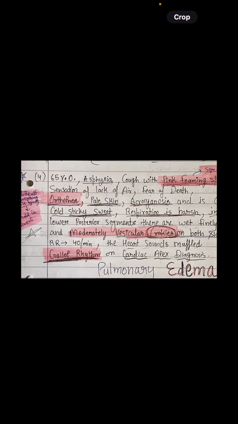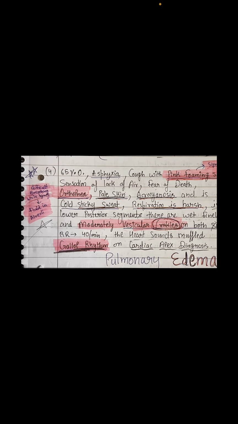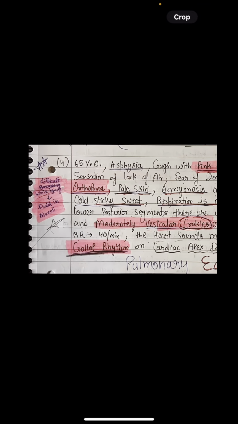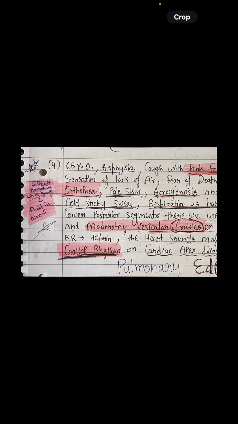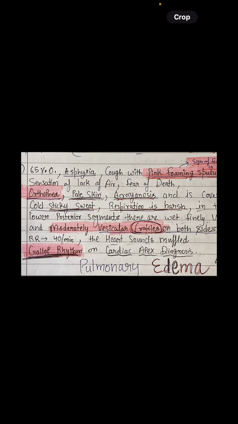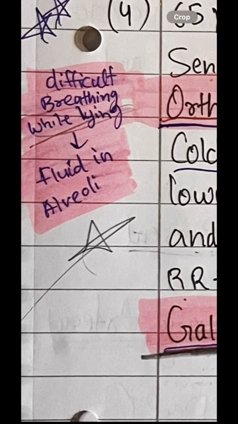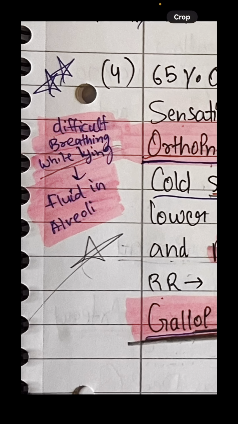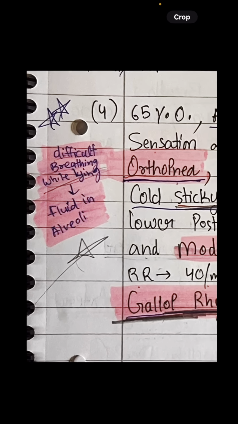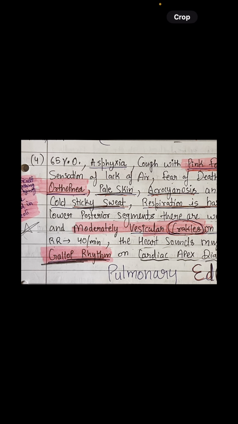Sensation of lack of air, fear of death, because the distress is real. Orthopnea is typical for pulmonary edema, because in pulmonary edema the fluid amount is too much. When the patient lies down, he will find it difficult, so difficult breathing while lying, also fluid in the alveoli.